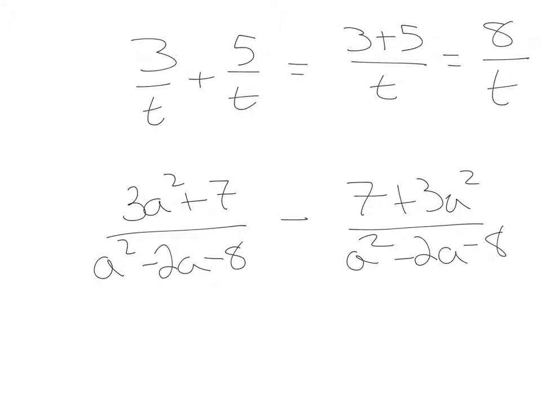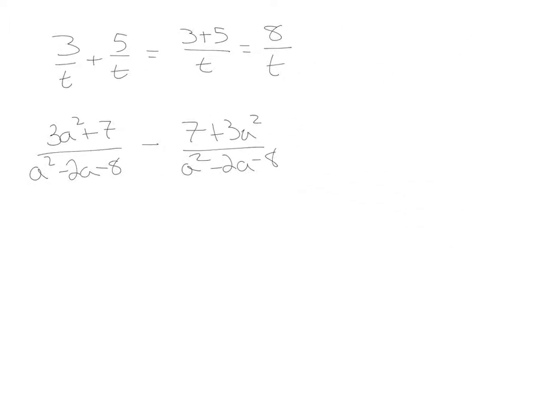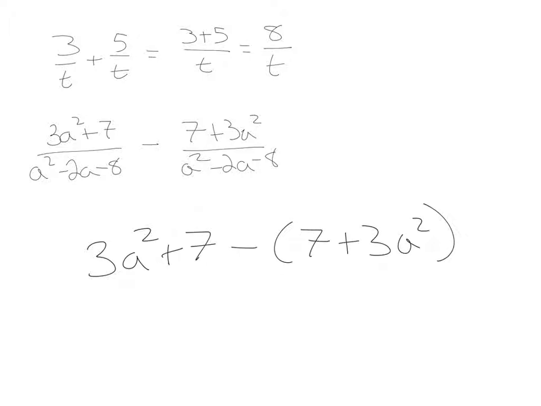Denominator is the same. All we have to do is subtract these things, so we can rewrite this numerator all together as 3a squared plus 7 minus, and I like to use parentheses because I want to keep my signs consistent, all over a squared minus 2a minus 8.